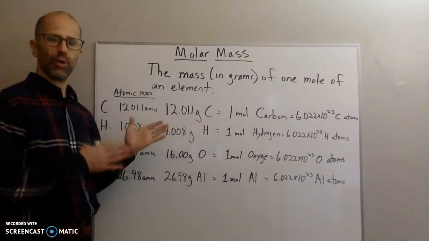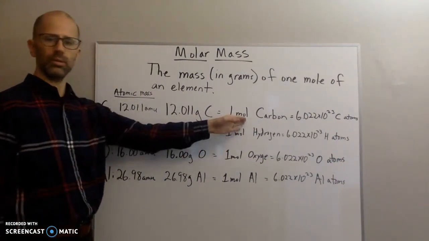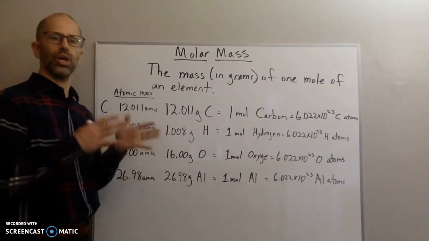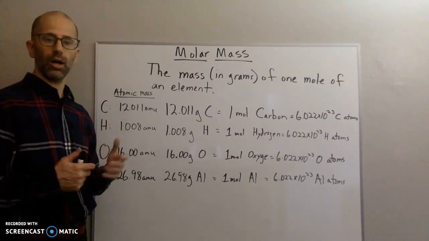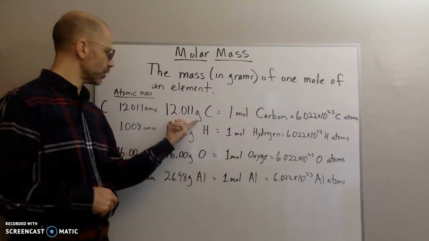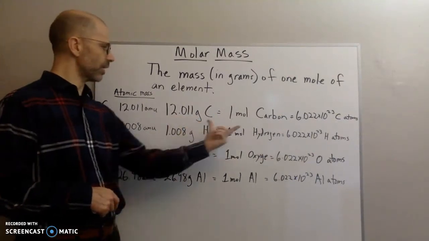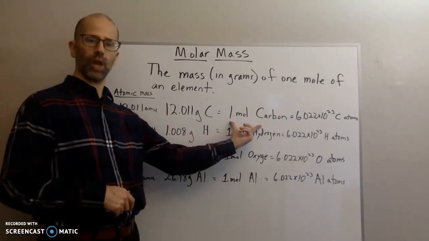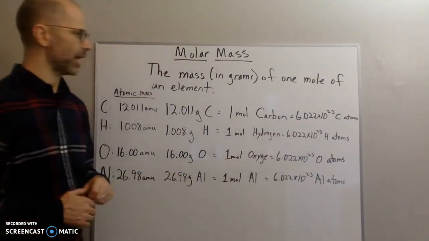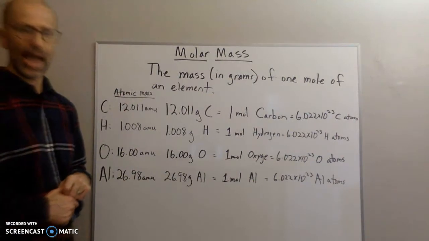So this grams per 1 mole is what we call the molar mass. It's the number of grams per 1 mole of that particular substance. So if you have 12.011 grams of carbon, then that is going to be 1 mole of carbon, and then that is going to be equal to 6.022 times 10 to the 23rd atoms.